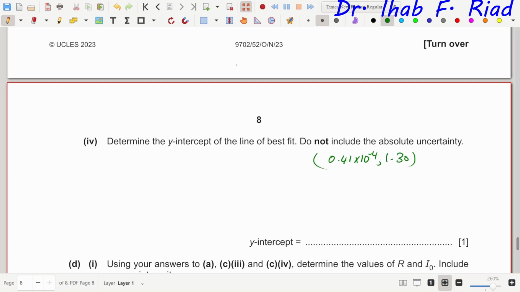Now we have y equals mx plus c, so c is equal to y minus mx. What is y? It is 1.30. What is m? It is the gradient, right?